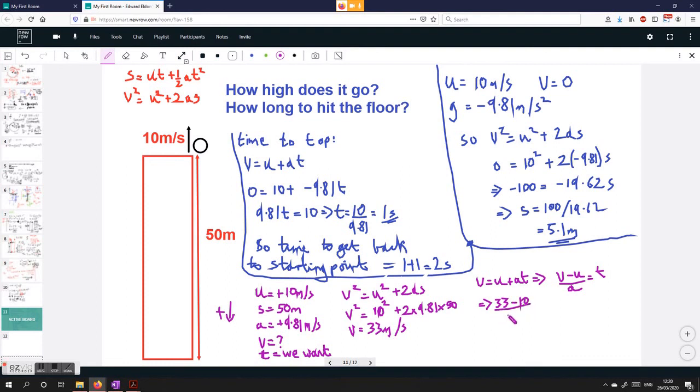Okay, 9.81, it's all positive because it's going downwards, remember, and equals time, which, working it out, is around about 2 seconds, 2.3.